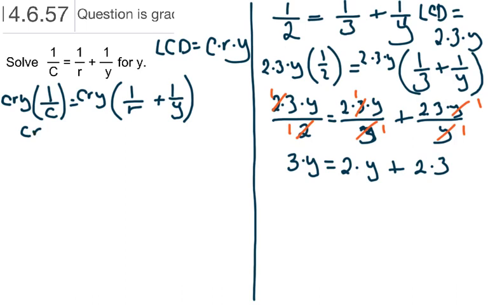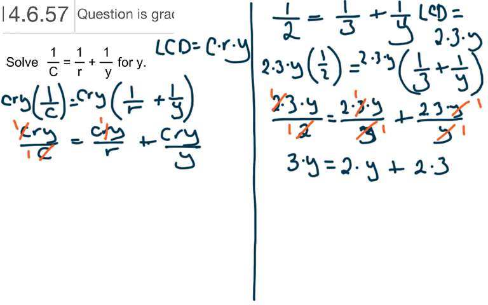This becomes CRY over C, CRY over R, plus CRY over Y. Since we multiplied by the LCD, all the fractions should simplify. And we have RY equals CY plus CR.